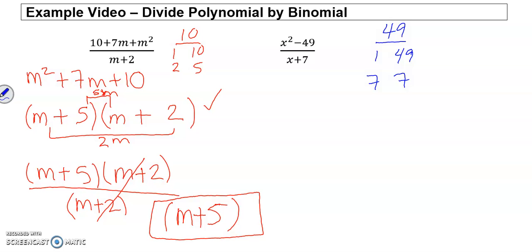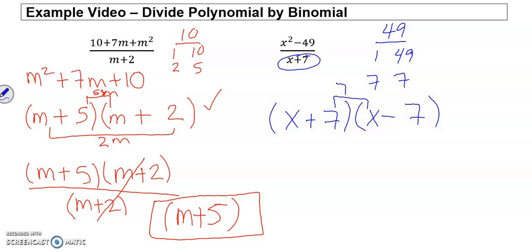So it's a negative 49, so I know one of them is going to be negative and one of them is going to be positive. So I'm going to choose my 7s first, especially because I see that x plus 7 on the bottom. I want to try and match that in my numerator. So I could check this.